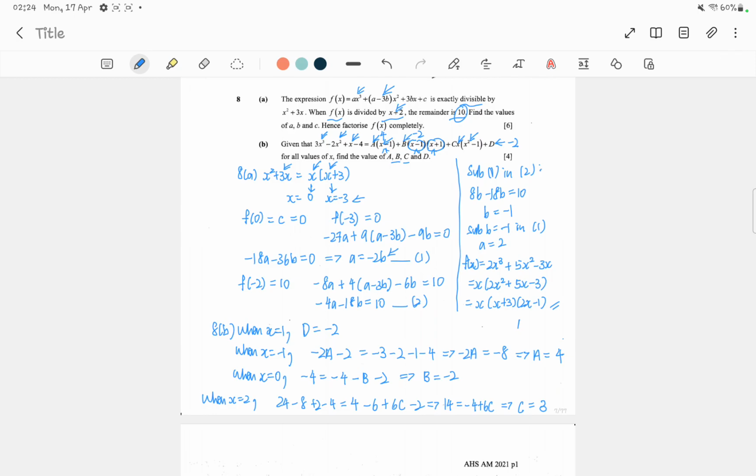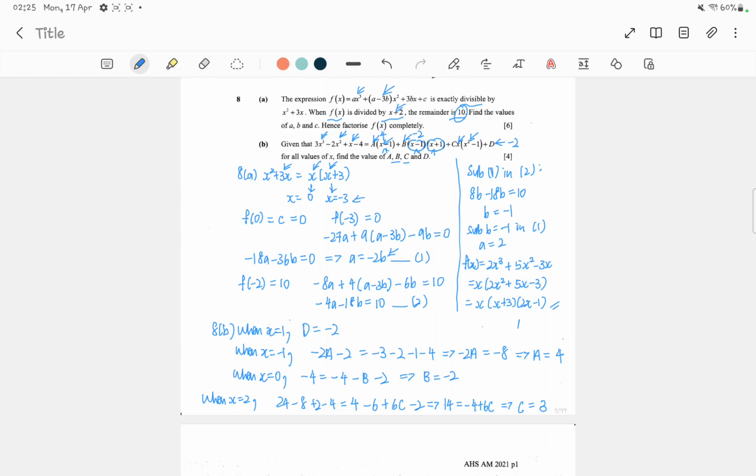Once you have exhausted all the options of making all the linear factors zero, that's when you simply substitute any values of x and find the last unknown. Or sometimes you are required to substitute two values of x, to solve a simultaneous equation involving two unknowns.